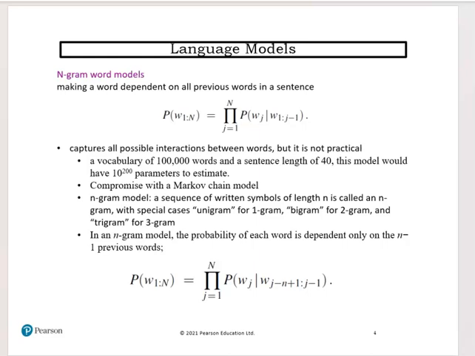That's the first equation here: the probability of words 1 to n is equal to the product of the probability that each word is picked, given that all the previous words have already been picked. That's called the n-gram model, and it works well for classifying, for example, newspaper sections, as well as for other classification tasks like spam detection, sentiment analysis, and so on.